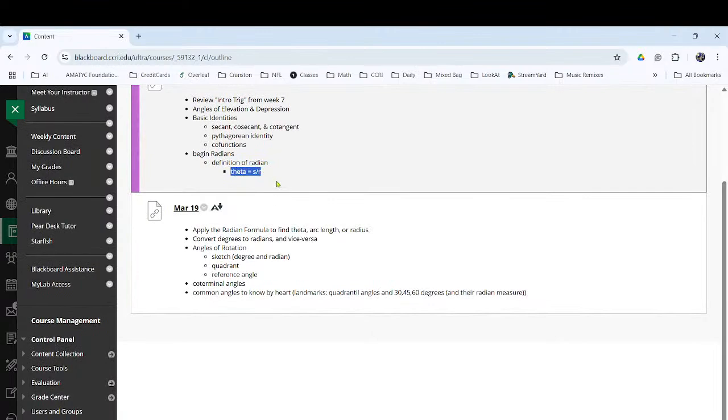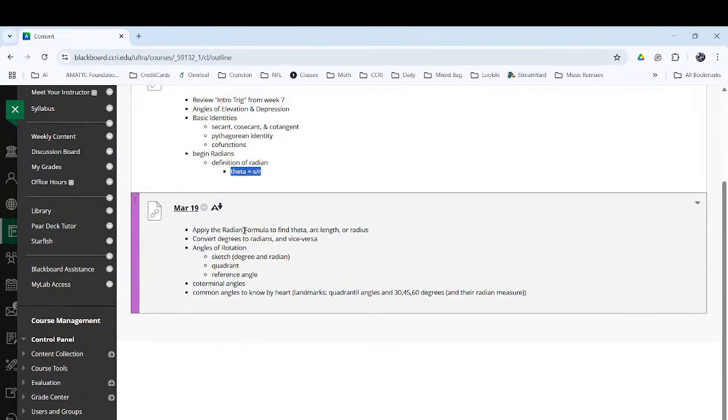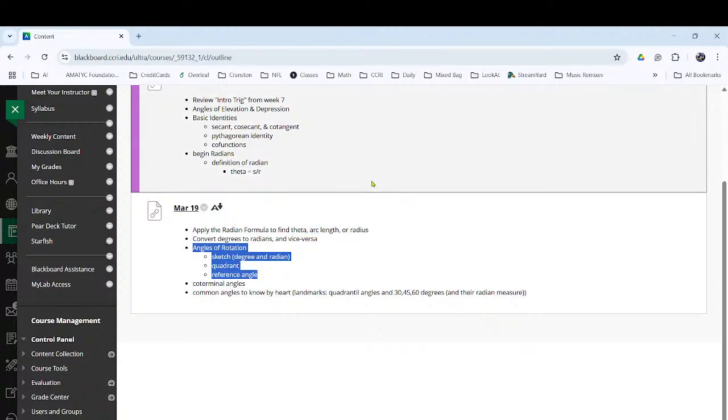The definition of a radian is arc length divided by radius. And there were some questions in homework from there. Be able to convert degrees to radians using that formula and vice versa. Know how to sketch an angle of rotation. So for instance, I would say sketch a negative 600 degree angle.